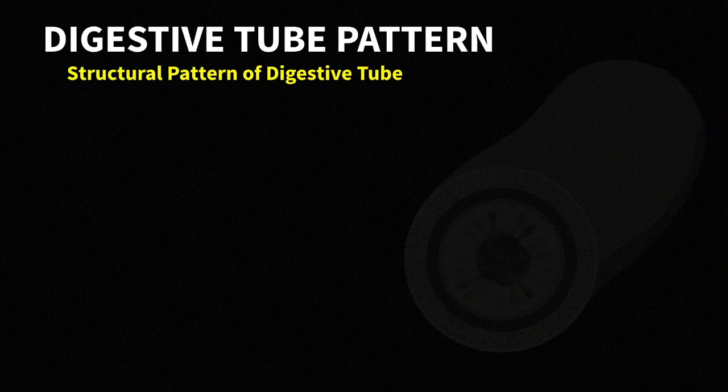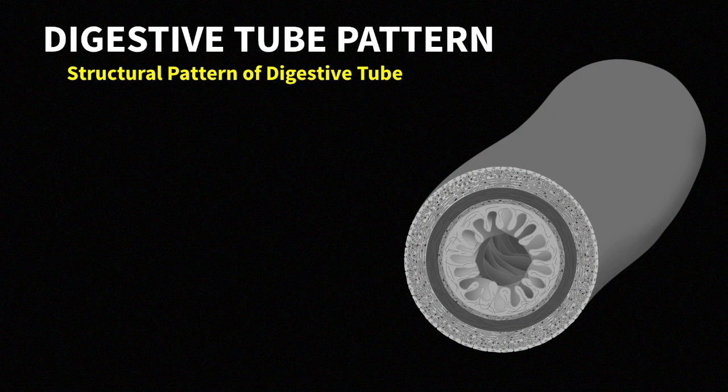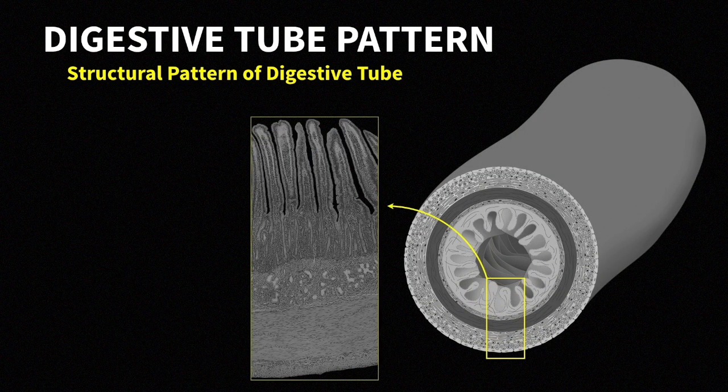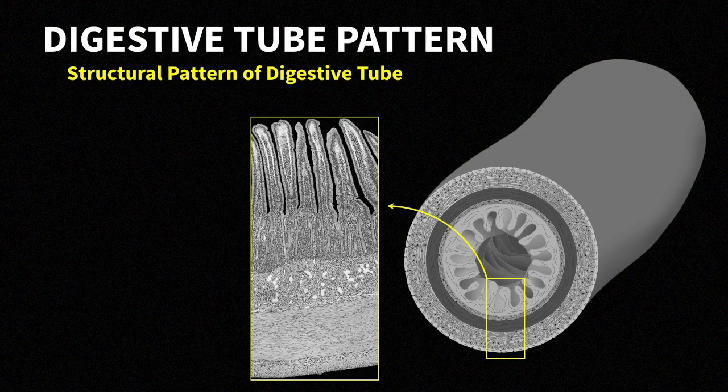Like all tubes, the digestive tubes have 3 structural layers, or tunics. Let's begin by examining the basic tunic pattern of the digestive tubes on an illustration and photomicrograph. The photomicrograph is of the small intestine wall, which is a good representation of the basic pattern.